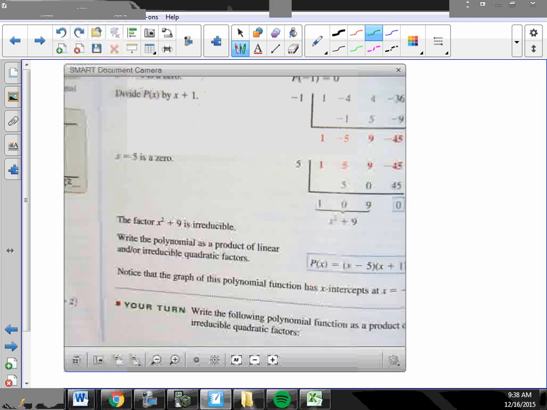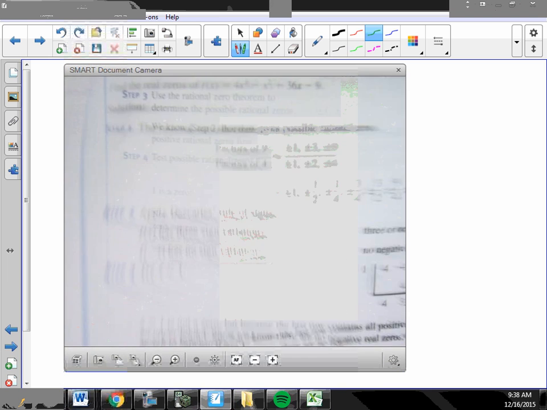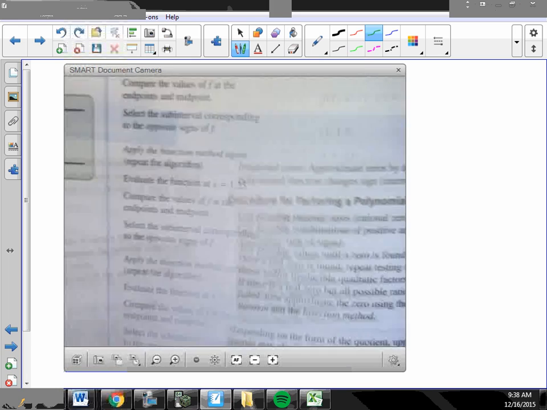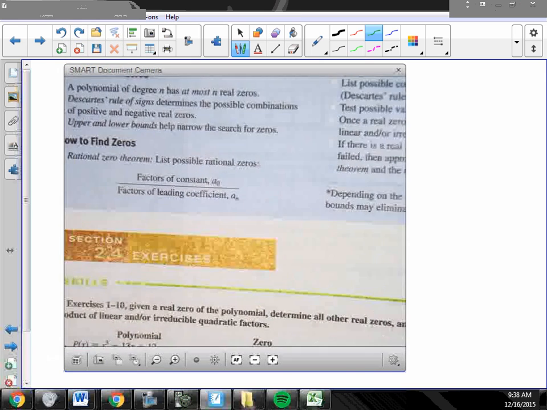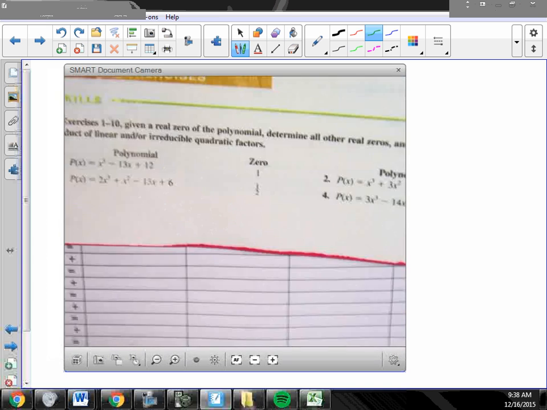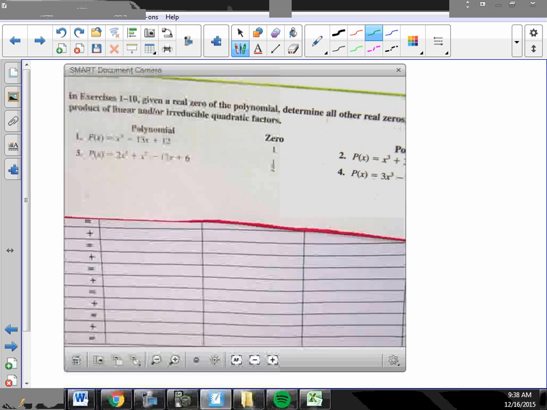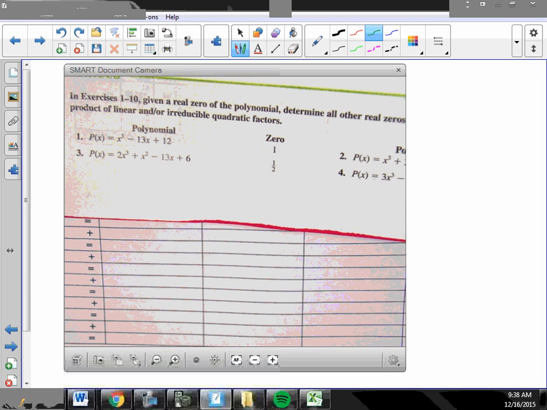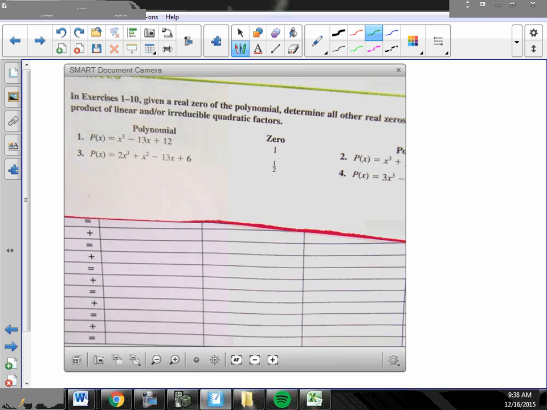So if you look at 294, number 1, it's kind of like that, just a little bit different. It says, given a real zero of the polynomial, determine all other real zeros, and then write the polynomial in terms of a product of linear and or irreducible quadratic factors.